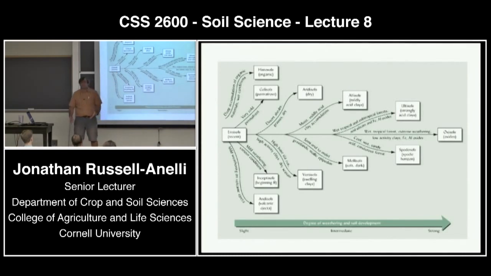It's got 4 legs or ears or whatever it happens to be. It's now a gellosoil. If I have mild weathering in various conditions, not volcanic material and not cold, we move from an entosoil into an inceptosoil. I'm seeing the beginnings of soil horizons.